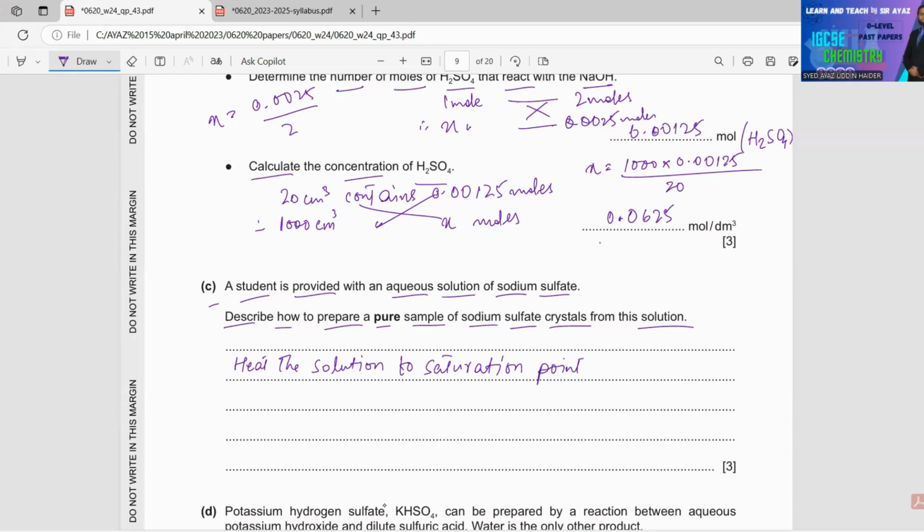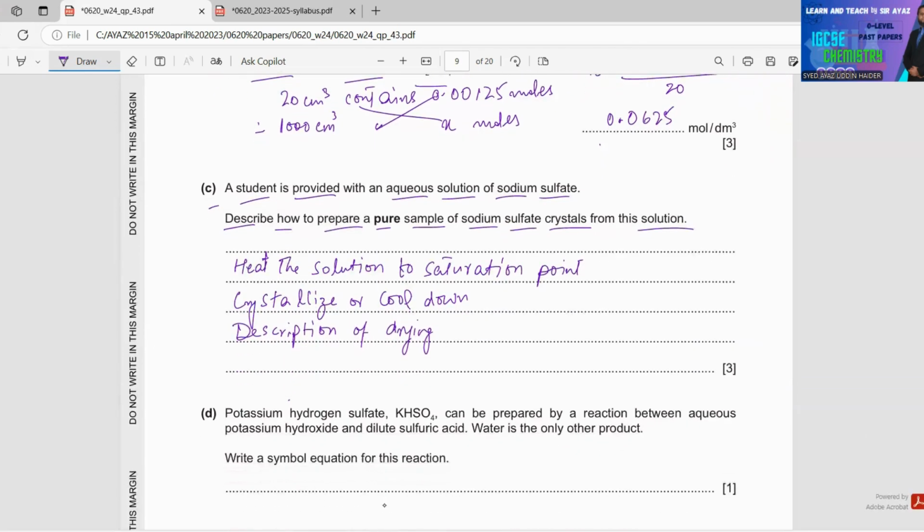Next step will be crystallization. So I will write crystallize or cool down. Last but not least, description of drying. That is, you can dry in air, oven, or you can even use tissue paper.